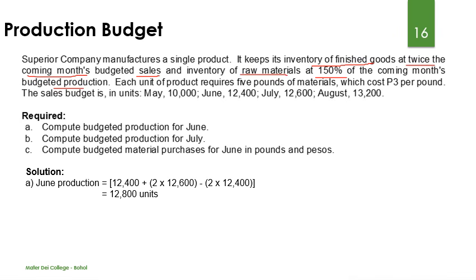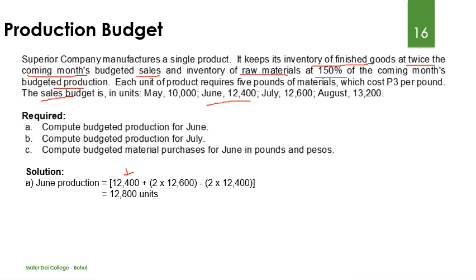So since we have the sales budget, this is what we need for June. We need 12,400 in terms of finished goods. So we will begin with the current sales requirement. Then we have here the finished goods inventory end.